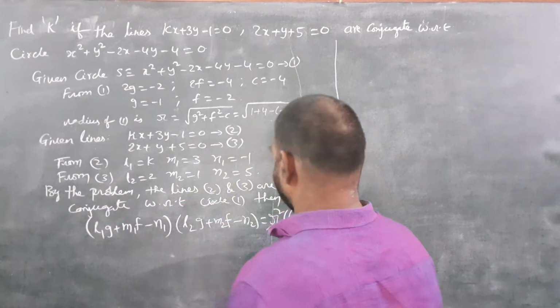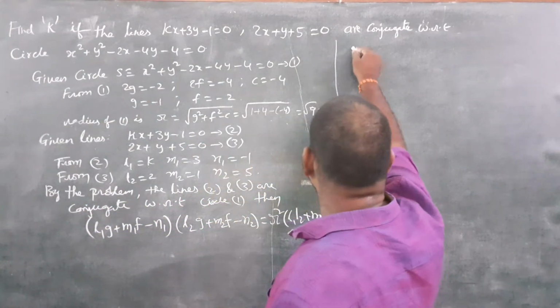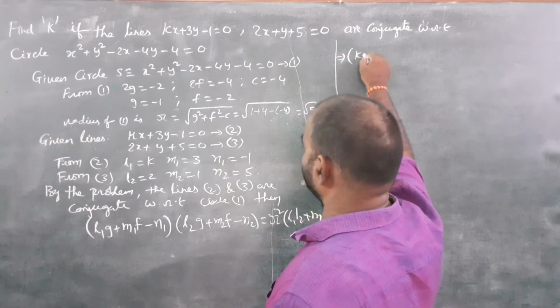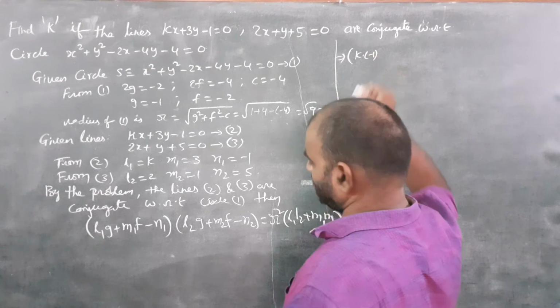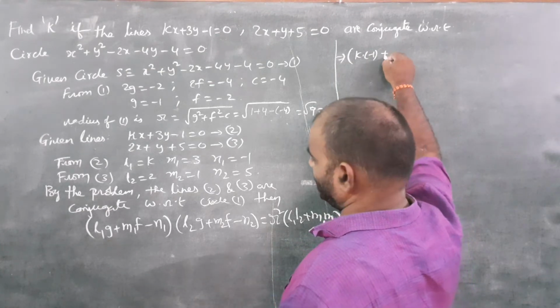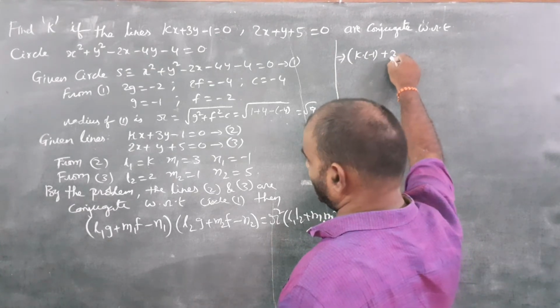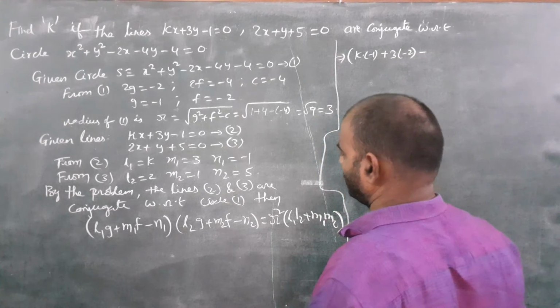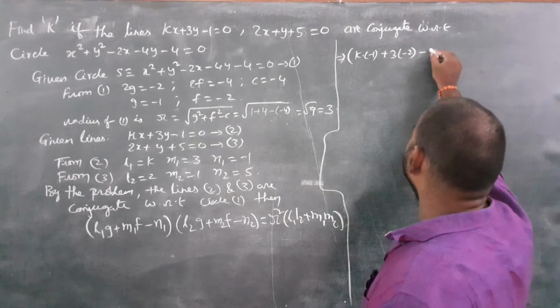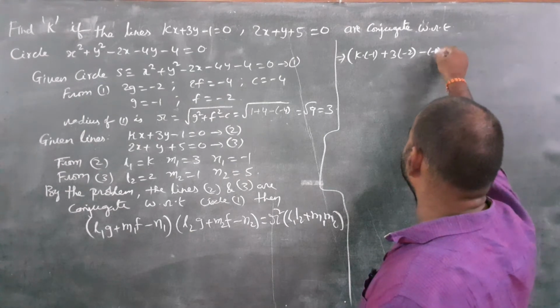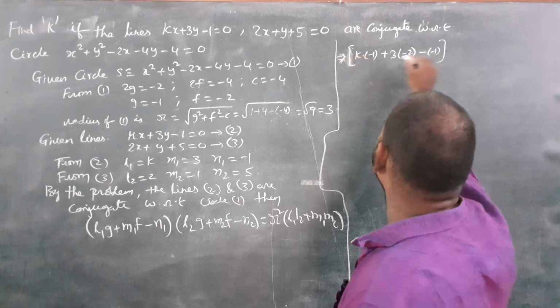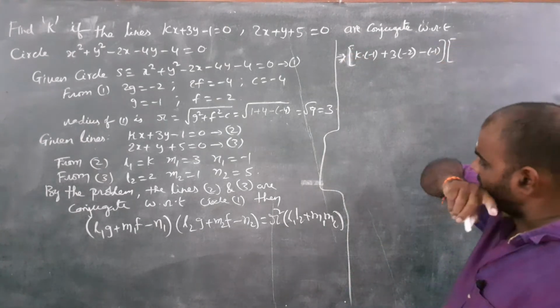So see, what is L1? k into g, g means minus 1, plus M1. What is M1? 3 into f, f means minus 2, minus N1. N1 is already minus 1, so minus of minus 1, into next, L2 g.